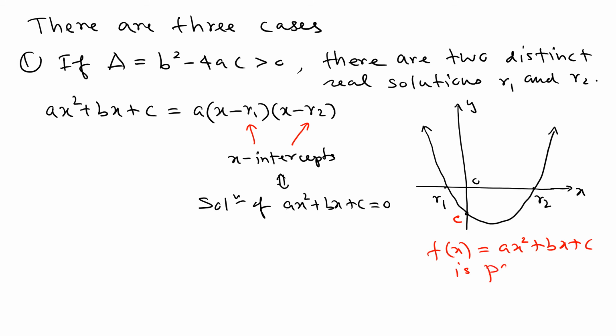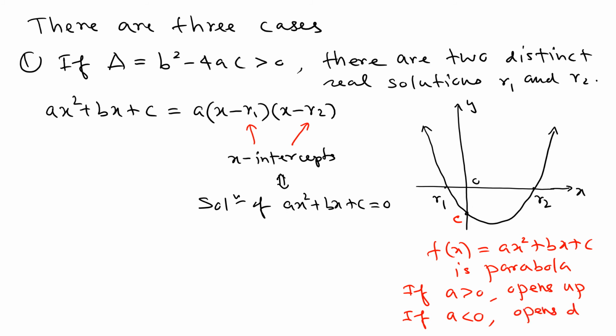And if a is positive, it opens up, or what we normally call concave up. If a is negative, it opens down. So we assume that here a is positive. That's why we write opens up.